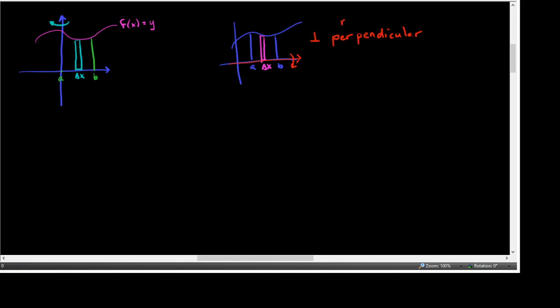So our rectangle is perpendicular to the axis of revolution. And in fact, if that's the orientation that you have, you are definitely using the disk/washer method.